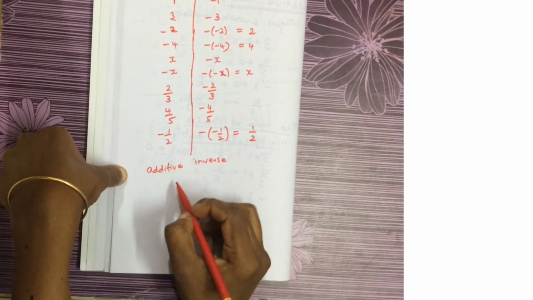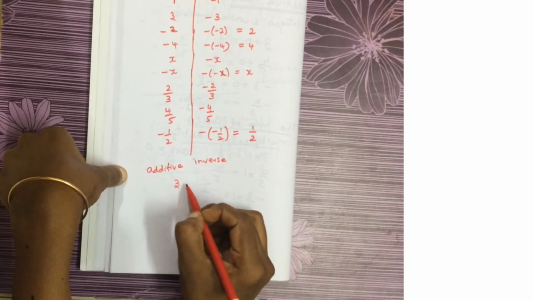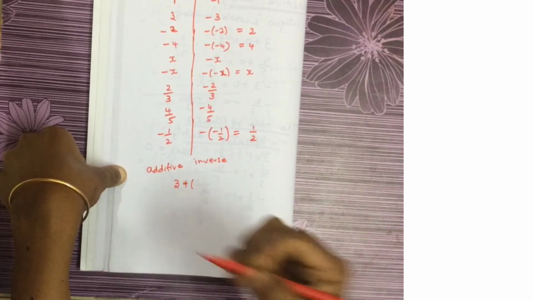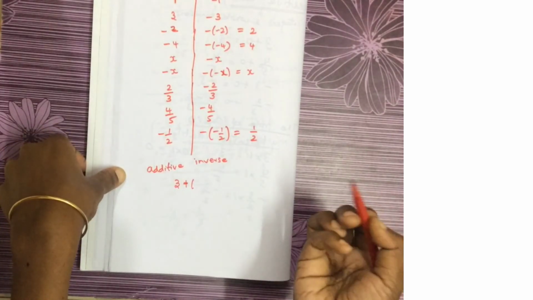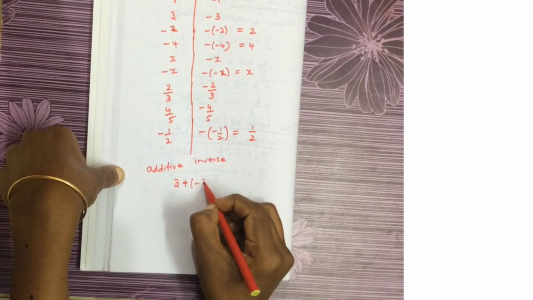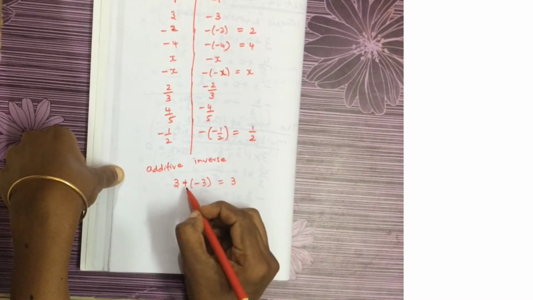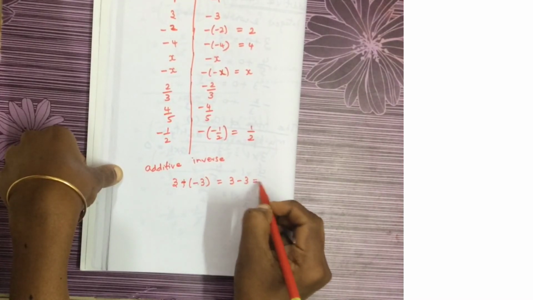For example, if you have a 3, to this 3 you are adding its negative. Negative or additive inverse means the same. So what is the negative of 3, or additive inverse of 3? Minus 3. So this is 3 plus minus 3, that is 0.